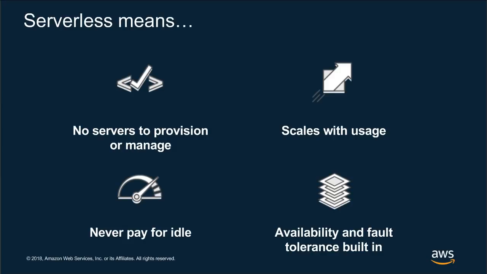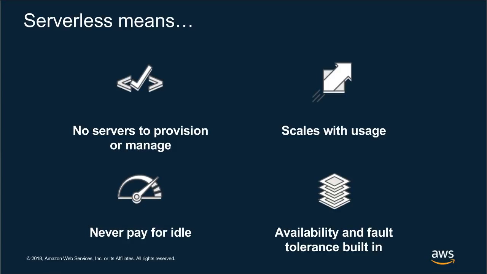First things first, just want to clear the table here on what it is that we consider serverless to be at AWS. For us, it really means four things. And really when we're here, we're talking about the services and products that exist in this space. The first is no servers to provision or manage. This means no virtual, no physical, no containers even.